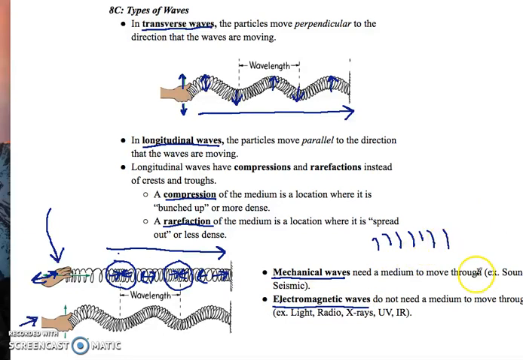They do not need a medium to move through, or a material to go through. Light, radio, X-rays, UV, IR, infrared. Those are types of waves that do not need a medium to move through. So light will move through space, radio waves move through space, basically anything. They don't need anything to go through.